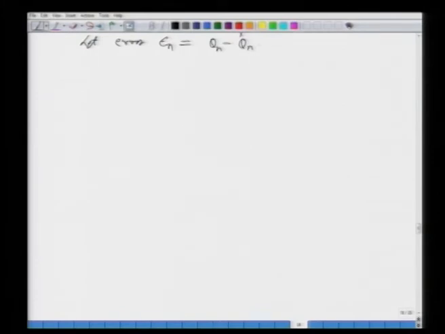So that your error matrix is equal to nothing but this matrix minus the q n hat matrix.